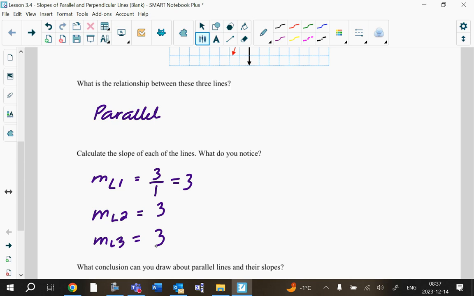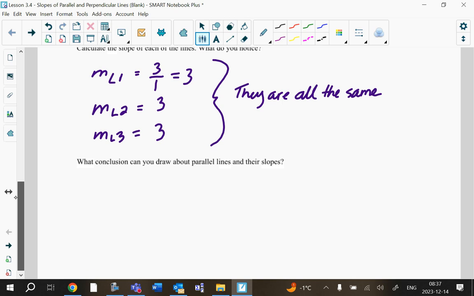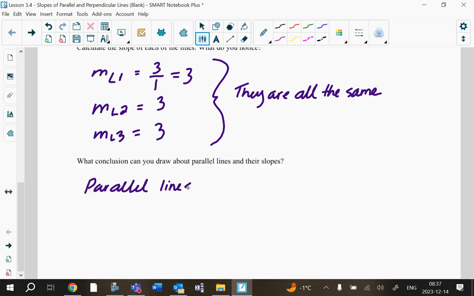So what do we notice about the slopes when we find them? They're all the same. So from that, we can draw the conclusion that parallel lines have equal slopes.